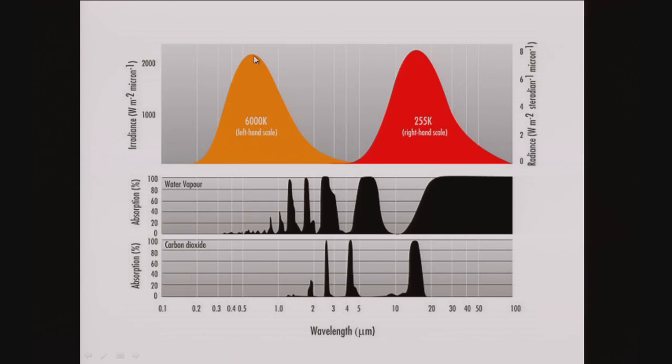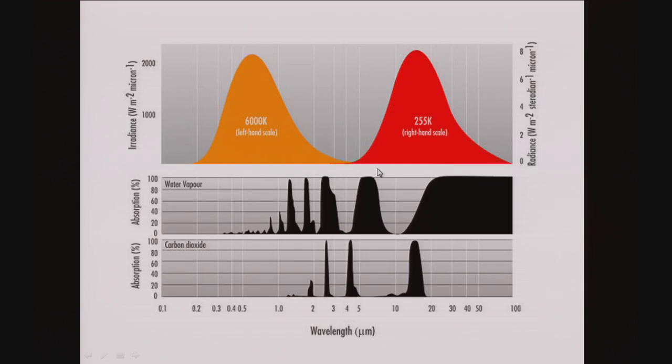You can see the sun gives off shorter wavelengths, centered around about 500 nanometers, or 0.5 microns. Whereas an object around the temperature of Earth, which is a little bit colder, gives off energy at longer wavelengths.